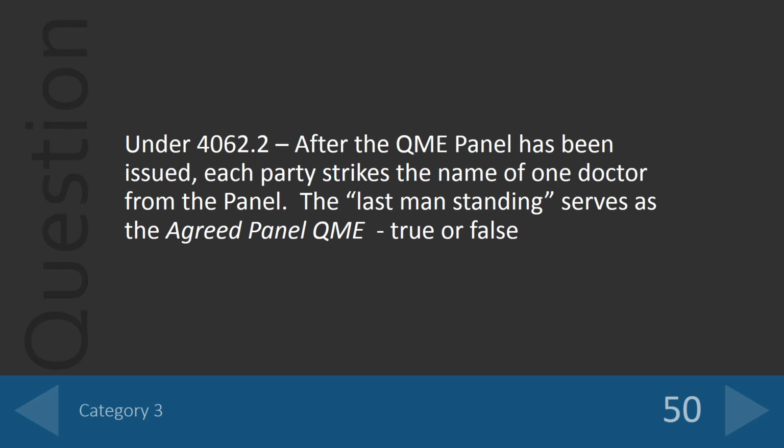We now have panels at the office of the applicant attorney and at the office of the defense attorney. Both of those attorneys take a look at the panel, and each party strikes the name of one doctor from the panel. This is called the strike-strike process. We get two strikes, and we have one last man standing.